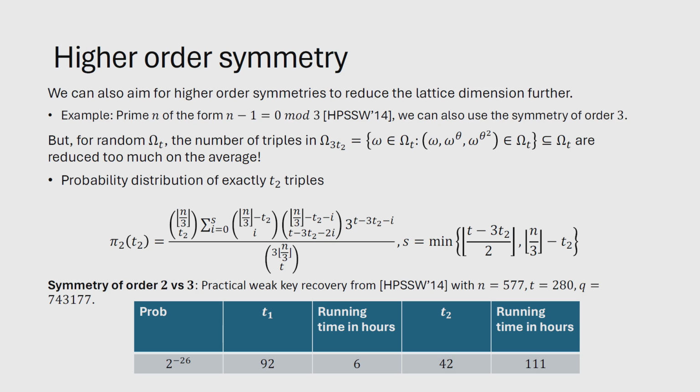In the first case, we solved the problem in approximately 6 hours. And for the second, it took approximately 5 days to solve the same problem. So even though the lattice dimension is small, it's harder for the lattice reduction algorithm to recover this unusually short vector because the volume gets much smaller. So that's what I had in mind.